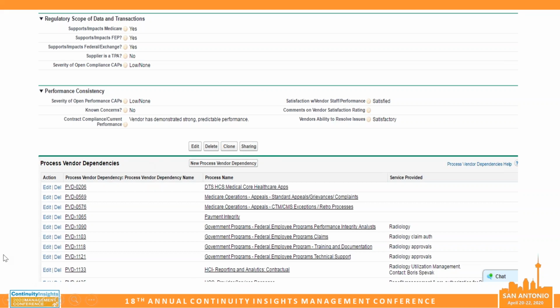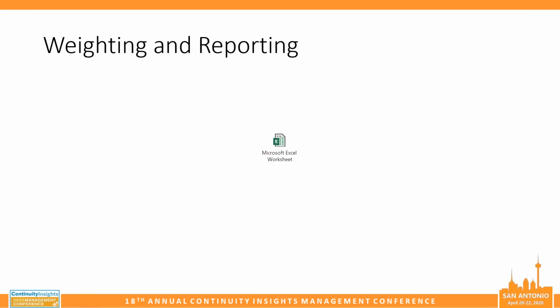This comes from the business continuity planning program. All of the business processes who have identified that that particular vendor is key for them to deliver their services.